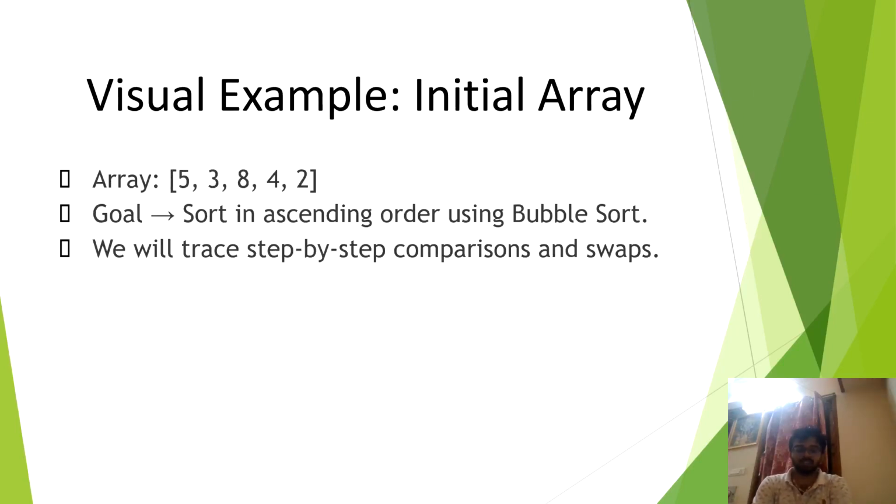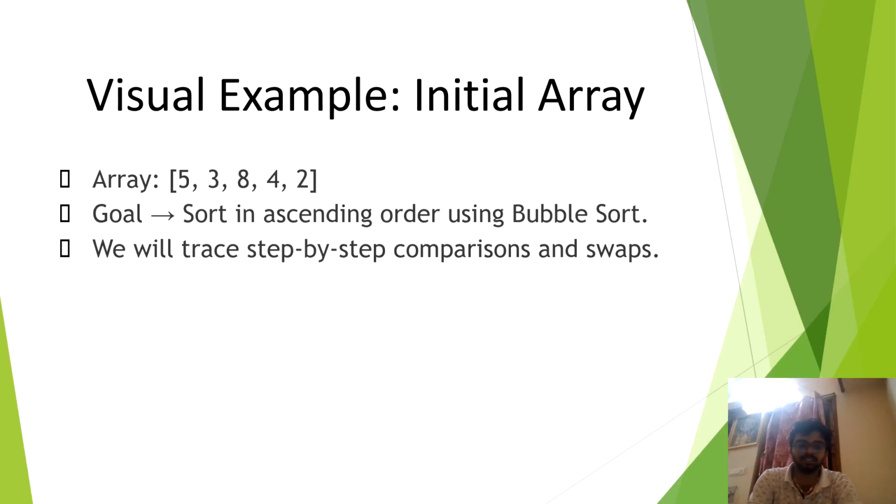Here, as I explained one simple example in the previous slides, they are taking one example. What is that example? They are taking 5, 3, 8, 4, 2. How many elements are there totally?